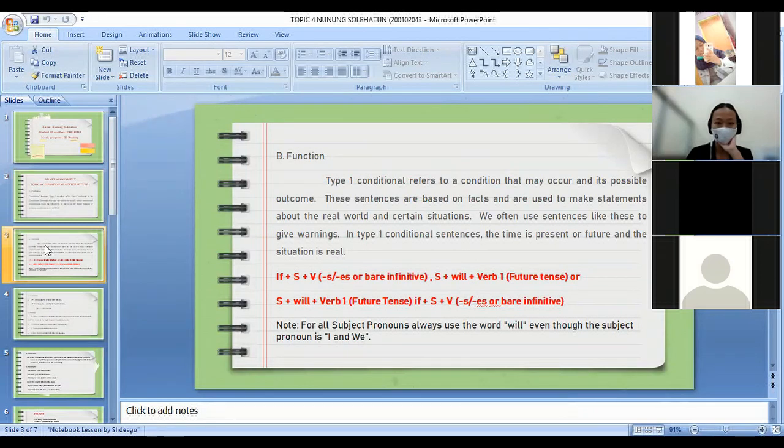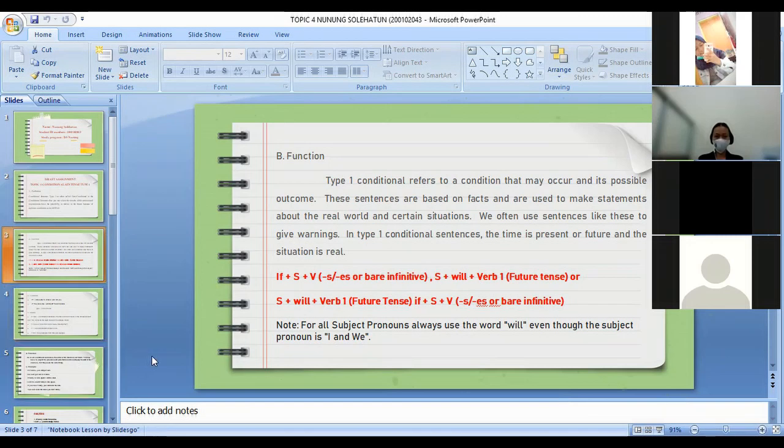B. Construction. Type 1 conditional refers to a condition that may occur and its possible outcome. These sentences are based on facts and are used to make statements about the real world and certain situations. We often use sentences like this to give warnings. In type 1 conditional sentences, the time is present or future and the situation is real.